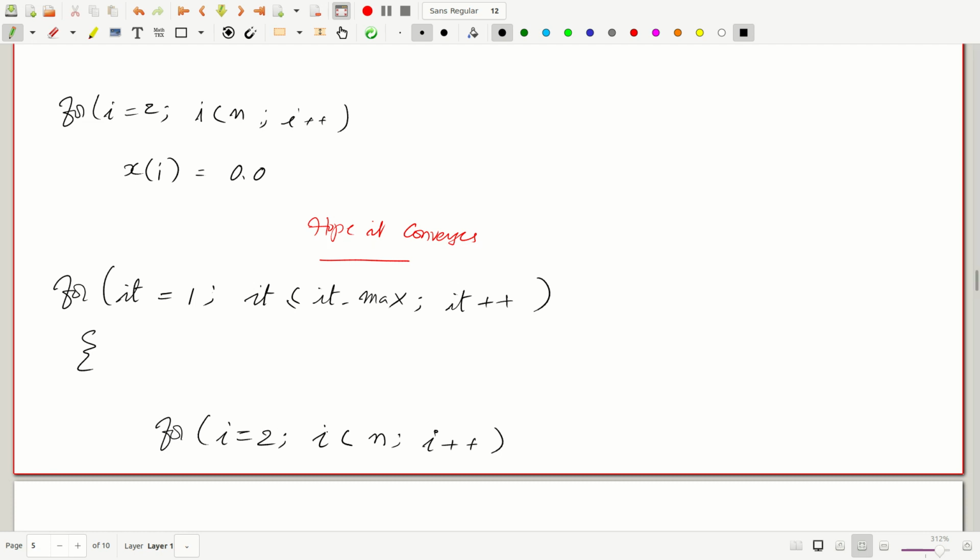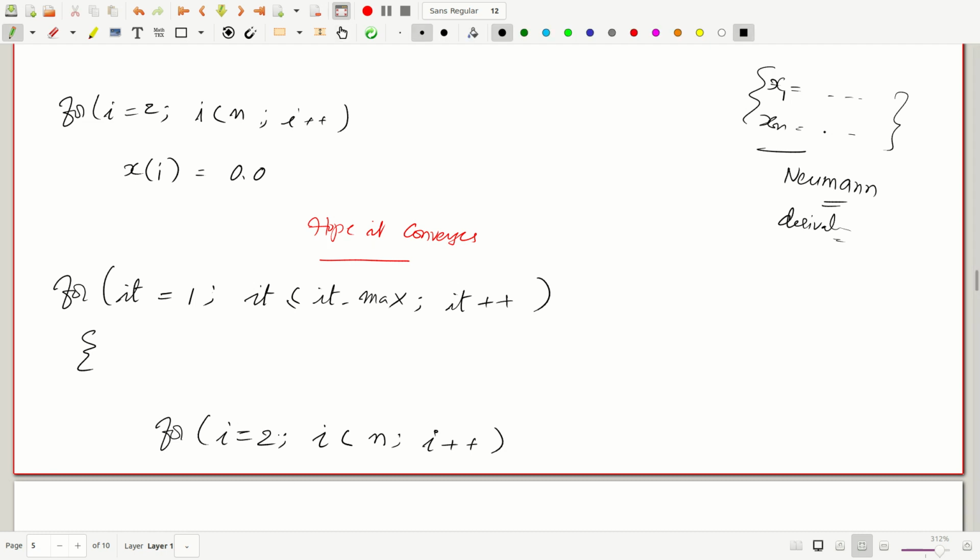If the boundary conditions are not specified as x1 equals something and xn equals something, and rather a Neumann condition is given, in which the values are specified as derivatives, then the values at 1 and n also need to be included.